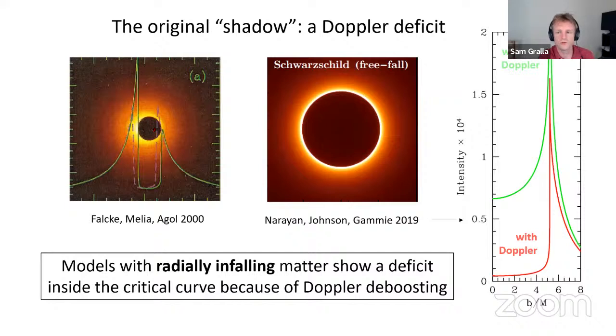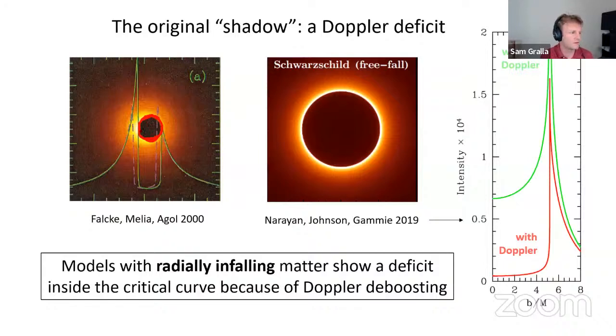So this is the sort of true shadow where you can see, those of you who know the flattened shape, that this really even has the flattened shape. This is what started everybody talking about shadows.